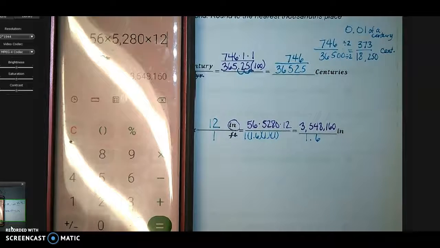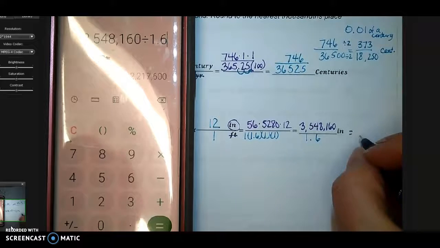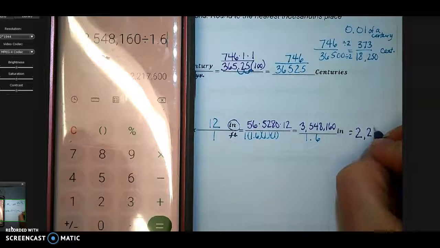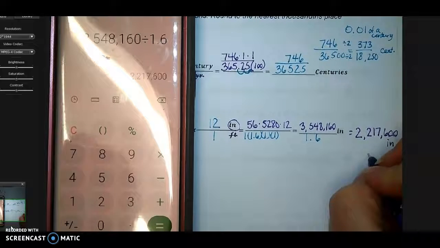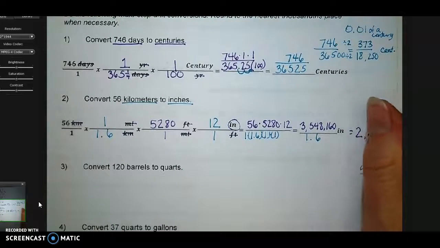There's a lot of inches in a mile. And if I go ahead and I divide that by the 1.6, I can find out that there's 2,217,600 inches in 56 kilometers.